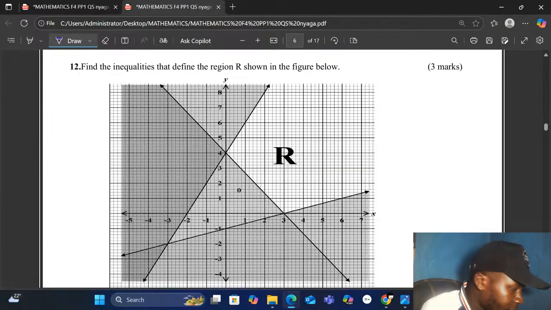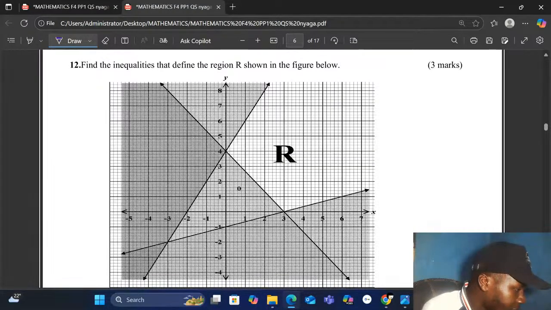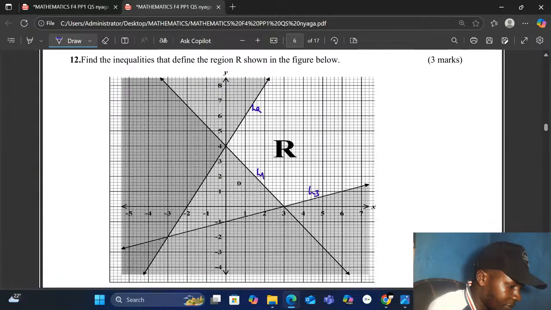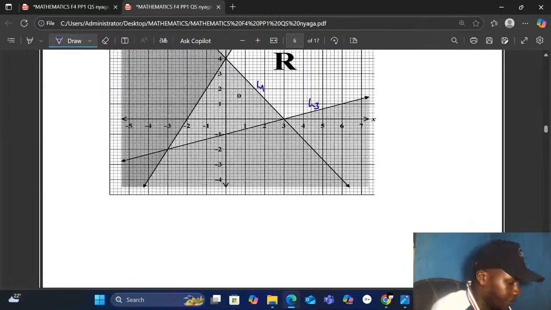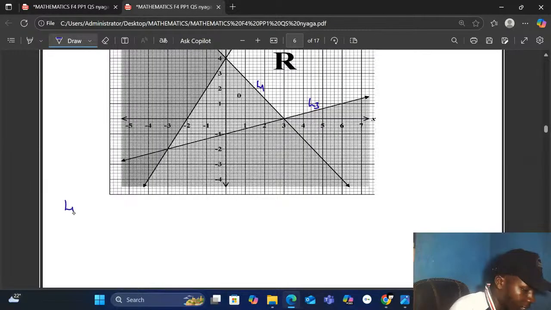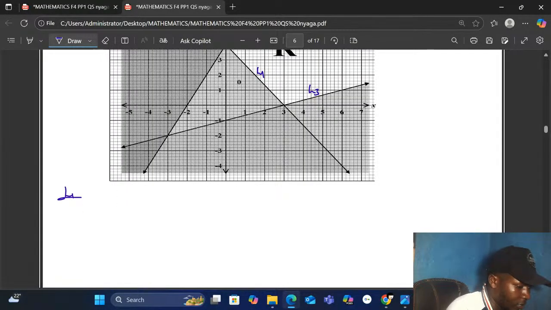Then we have to look for L1. We can have this as L1, and then we have this as L2, then we have this as L3. Now, we can find, using L1, you look for 2 points.